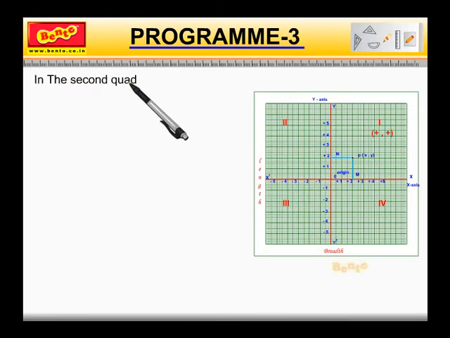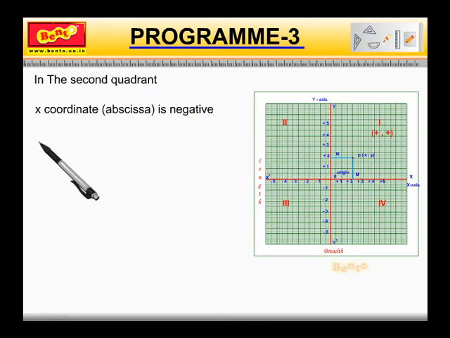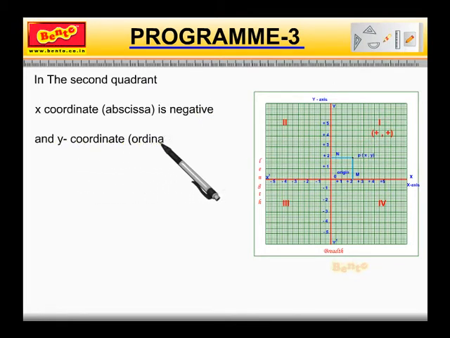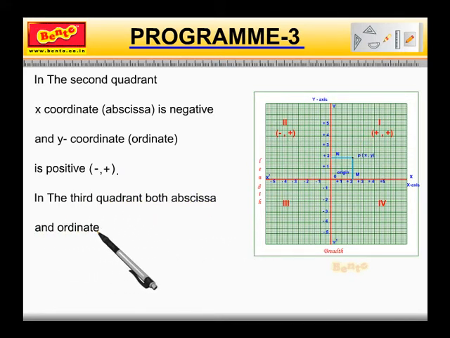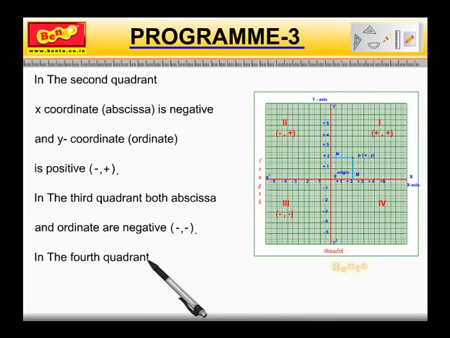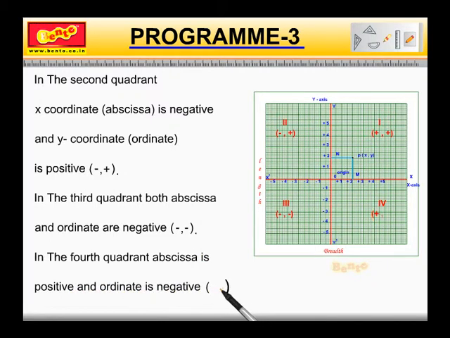In the second quadrant, the x coordinate, that is the abscissa, is negative, and the y coordinate, that is the ordinate, is positive, minus, plus. In the third quadrant, both abscissa and ordinate are negative, that is minus, minus. In the fourth quadrant, the abscissa is positive and the ordinate is negative, that is plus, minus.